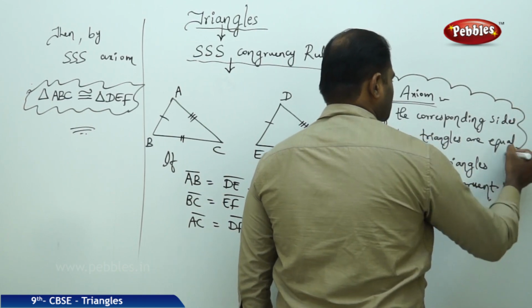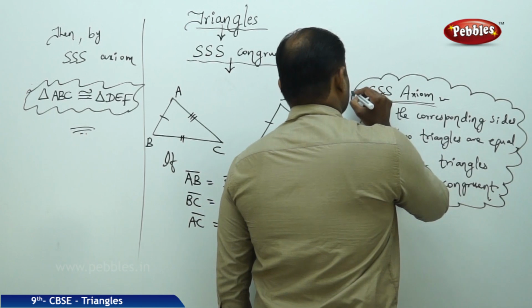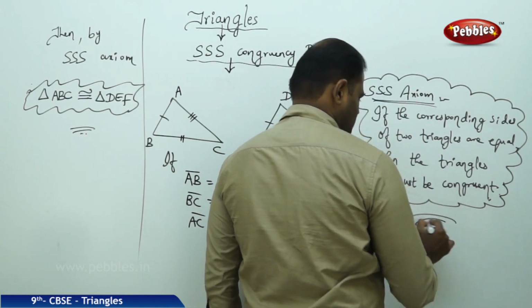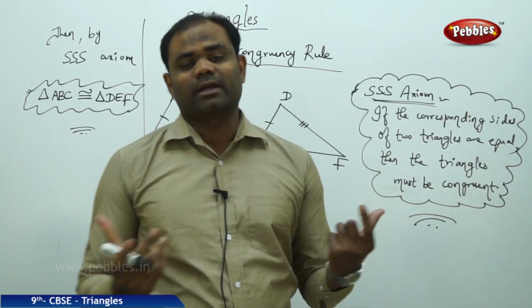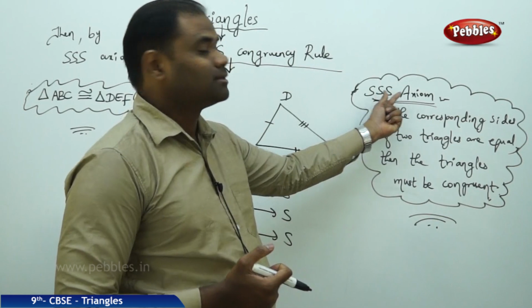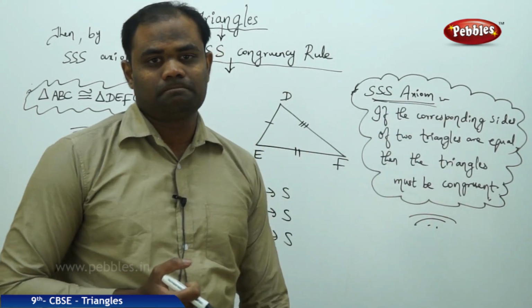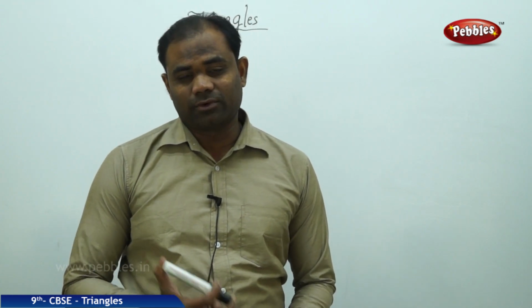This is how we understand the triple S axiom connected with the two triangles being congruent. Side axiom.